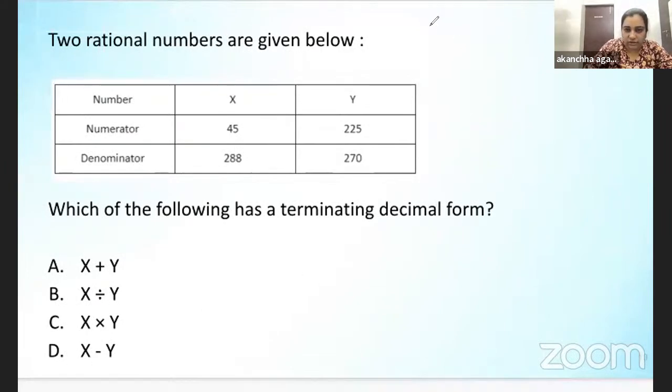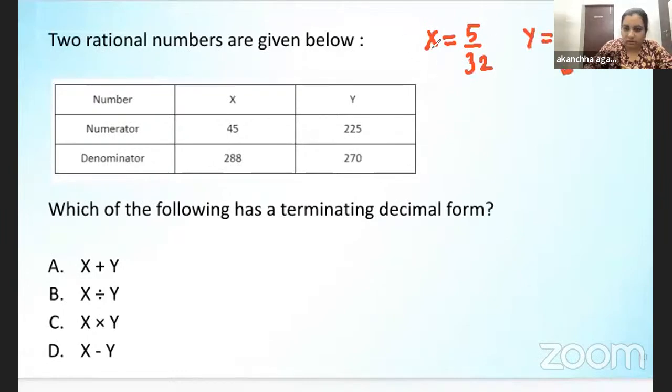So in this question, you might have understood how we are taking the standard form, and in standard form the numerator and denominator have to be simplified, right? So we have the first number, x, which is 5/32, and the second number y as 5/6.